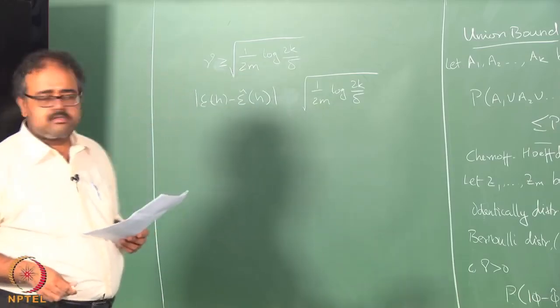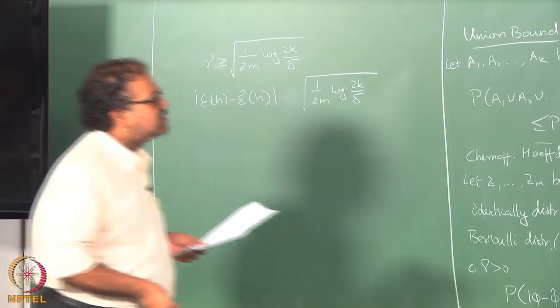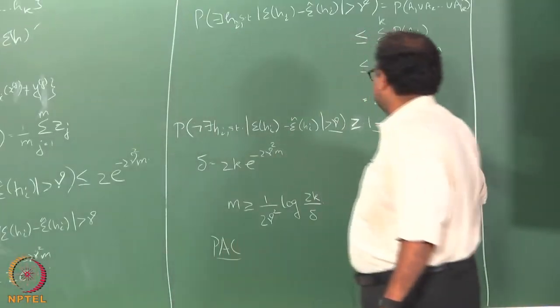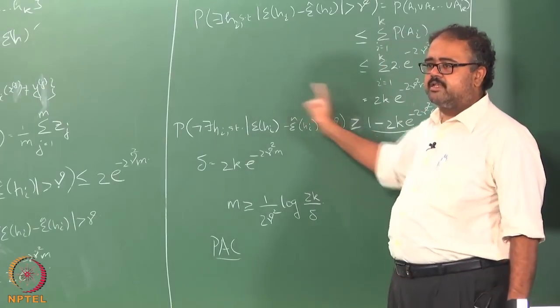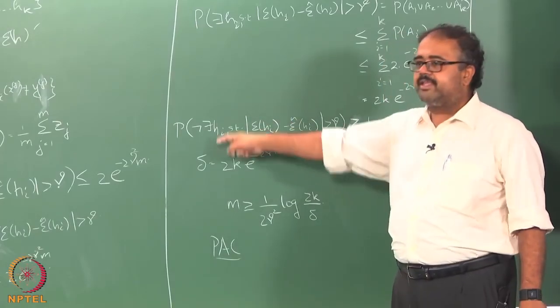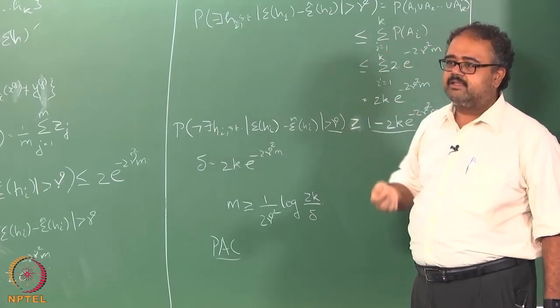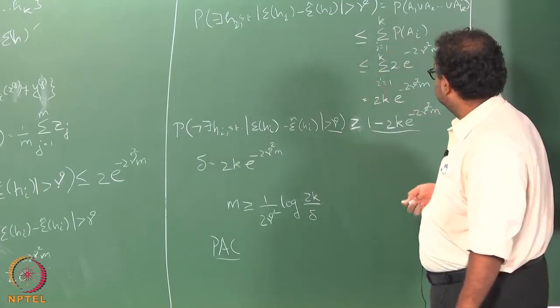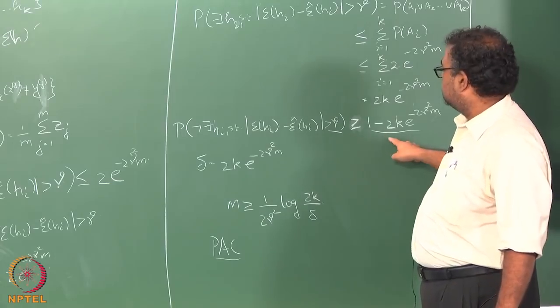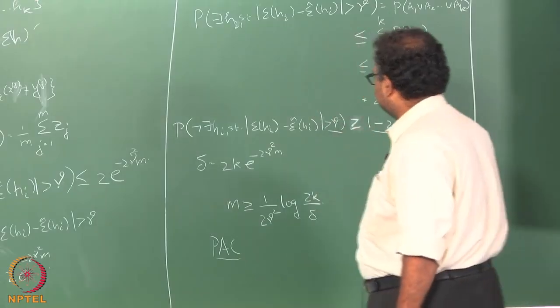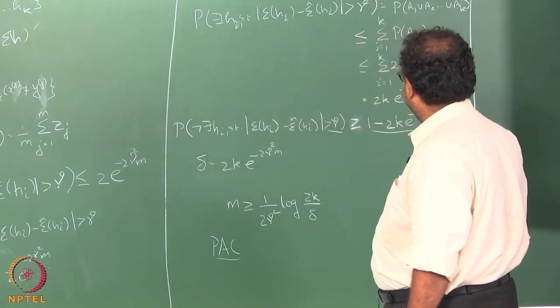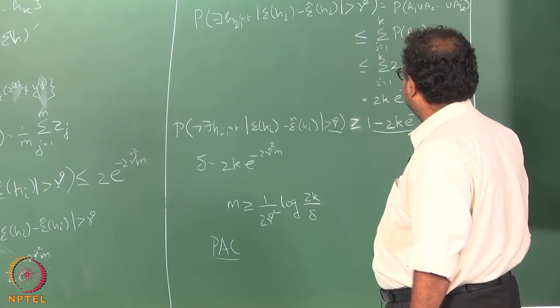Delta is this quantity, 1 minus delta is the probability of not making a mistake. So, delta is the probability of making a mistake. How do we get n greater than or equal to this? I just solved this expression here.